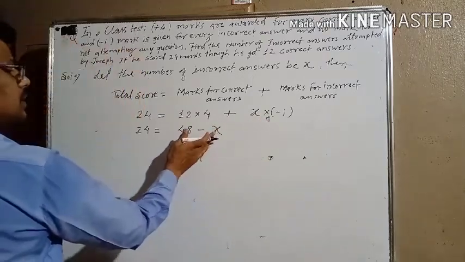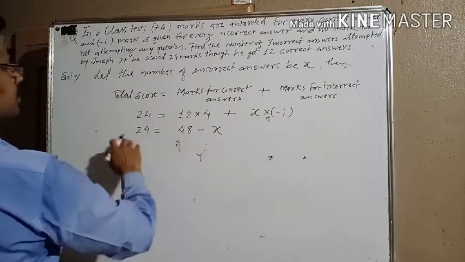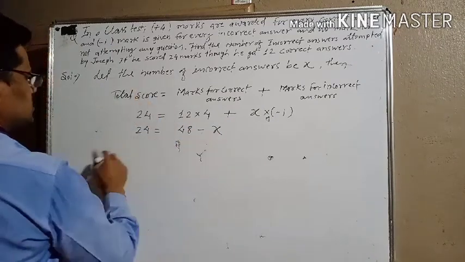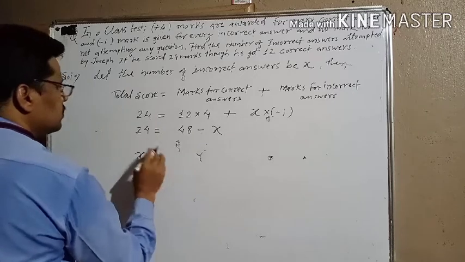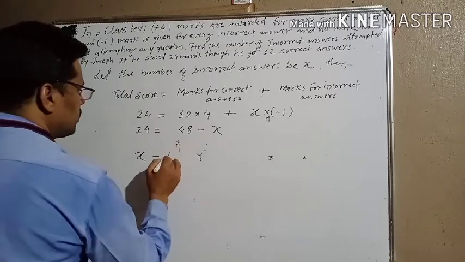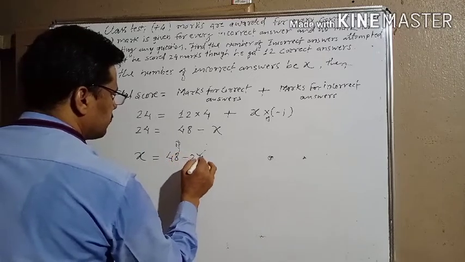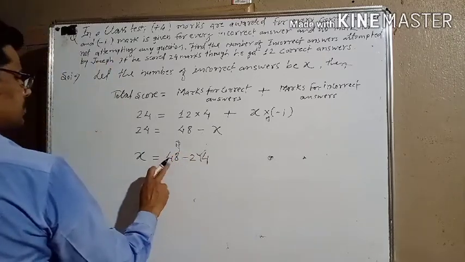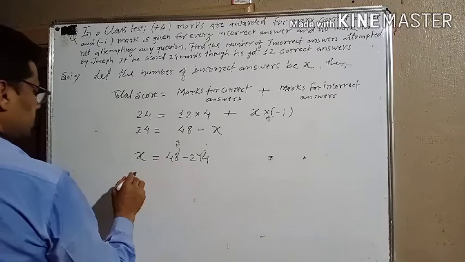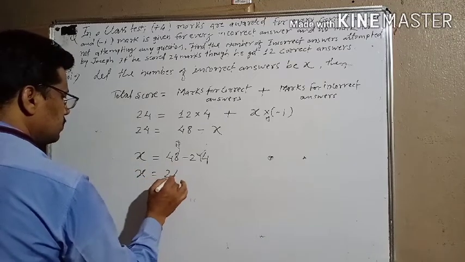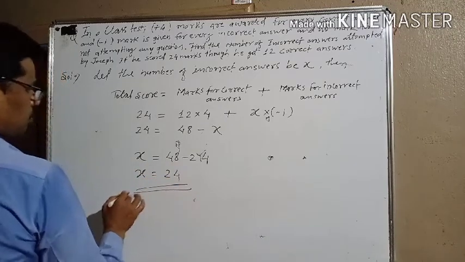So we take this x to the left hand side and the 24 to the right hand side, so the minus x will become plus. So we can write here x equals 48 will come as it is, 24 will come this side, it will become negative. Now you can subtract this 24 from 48. What do we get here? 24.